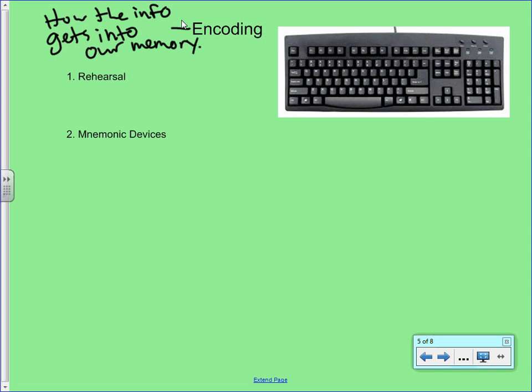First of all is rehearsal. Okay, rehearsal is essentially repetition. Okay, the more times that you repeat something, whether it be a skill or knowledge, the more likely it will be strongly encoded into your memory. For those of you that have tried this in school, it's called studying. You take your notes home, you just go over them time after time.